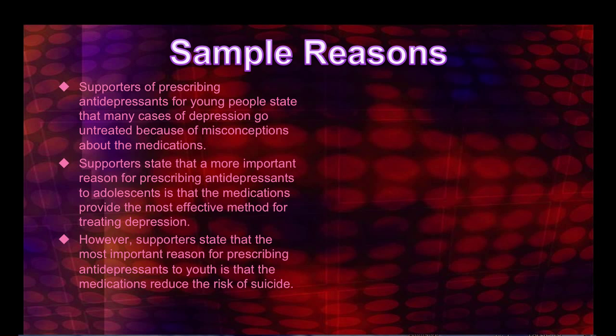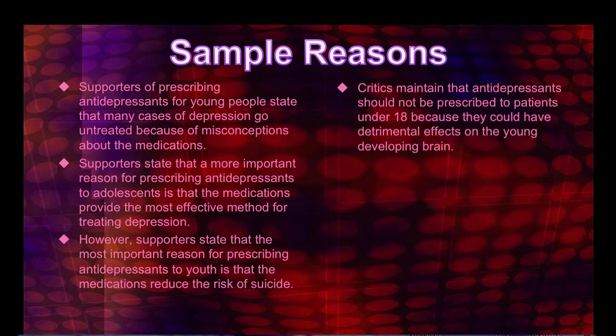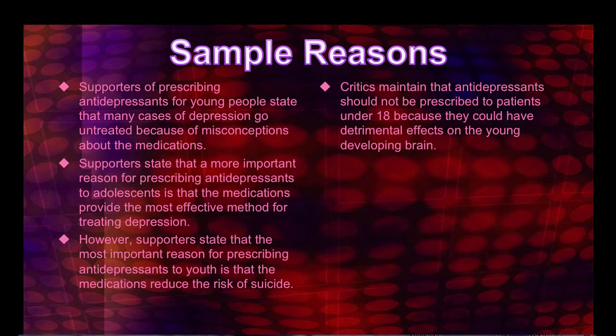Then as we read on in our paper, we might run into a sentence that says, critics maintain that antidepressants should not be prescribed to patients under 18 because they could have detrimental effects on the young developing brain. And you recall how that sentence was summarized in the plan of development in the claim. Okay.